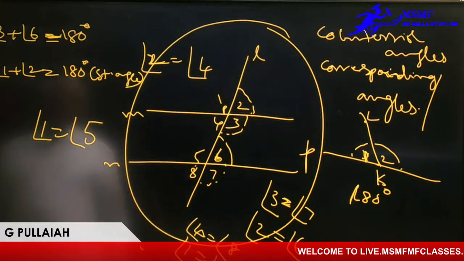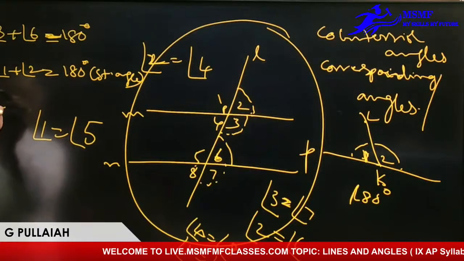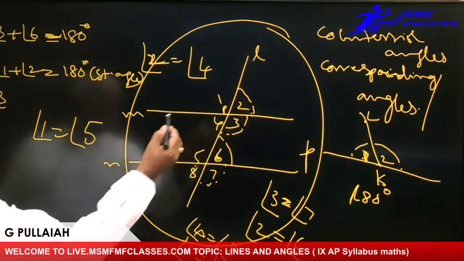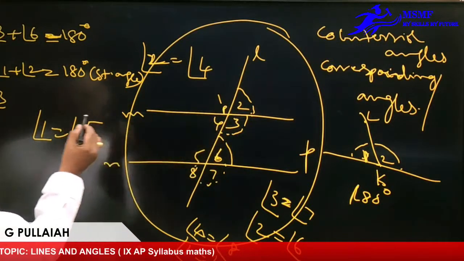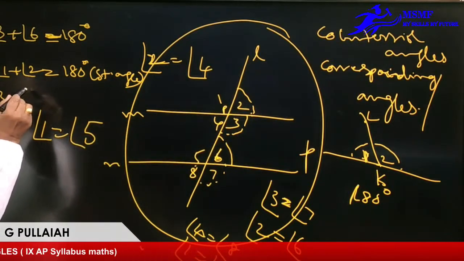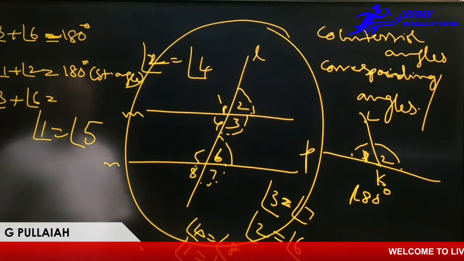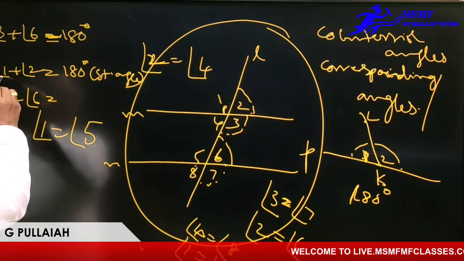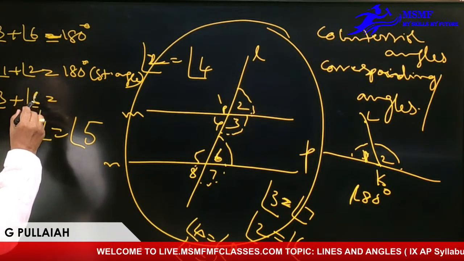But here you can say in the place of angle 1, I can write angle 3 because they are the vertical opposite angles. And in the place of angle 2, I can write 6 because they are the corresponding angles. So angle 1 is equal to angle 3 and angle 3 is equal to angle 6.